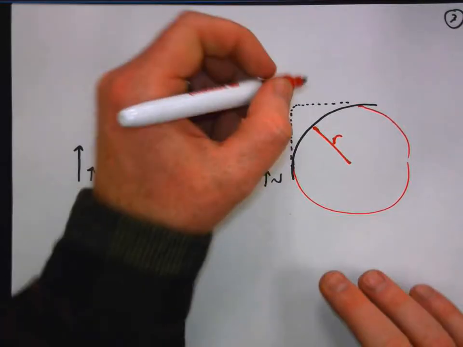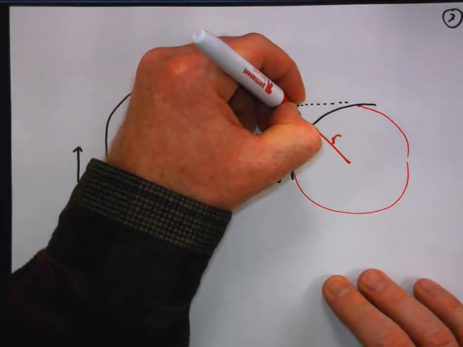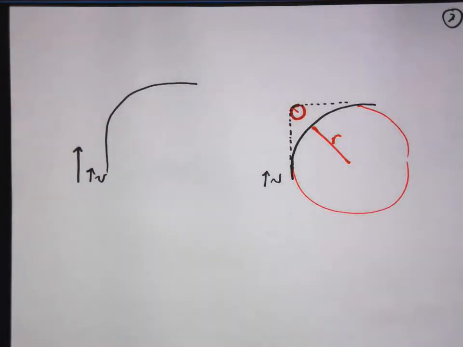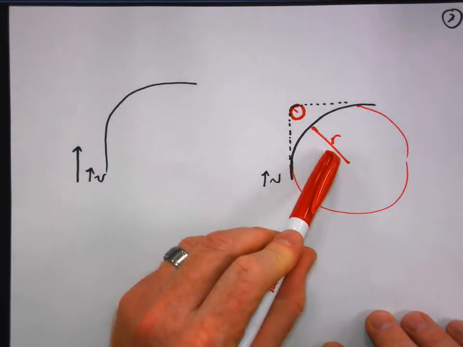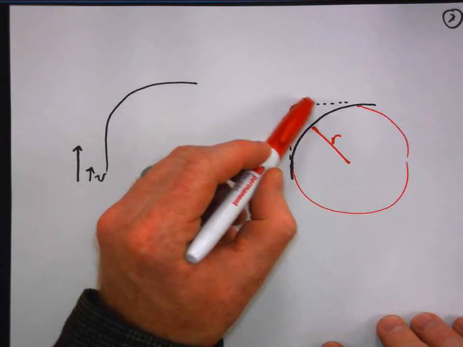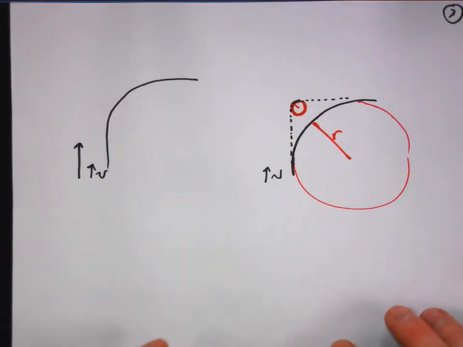Now, the difference you want to pay attention to is the circle here is much smaller, and you notice that radius is much shorter. And what you experience is, with the larger radius for that given speed, you don't seem to be pushed against the door of the car very much. But at that same speed, with a tighter turn, you get thrown against the door of the car pretty violently.